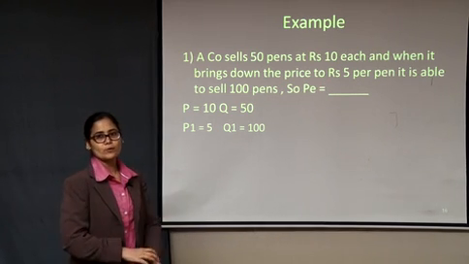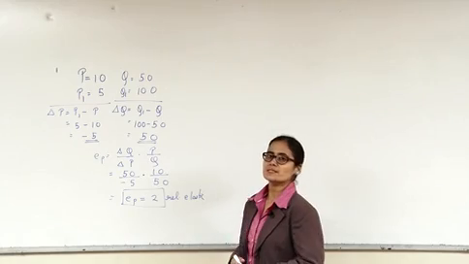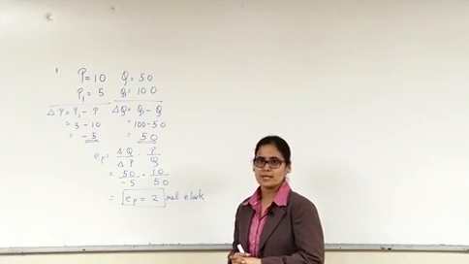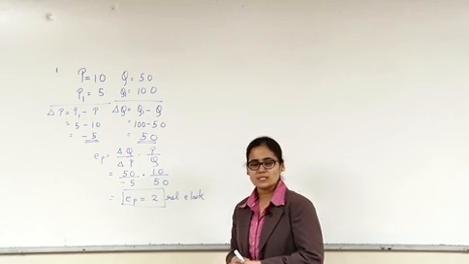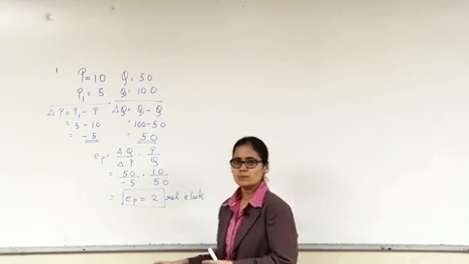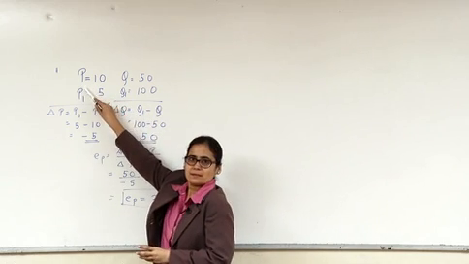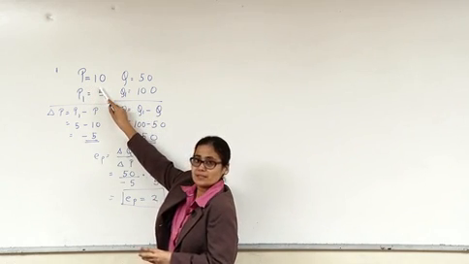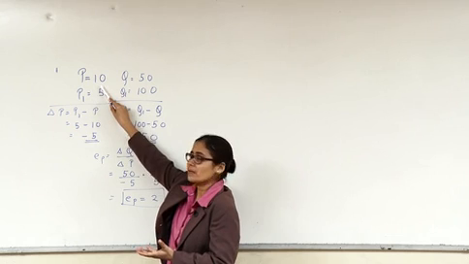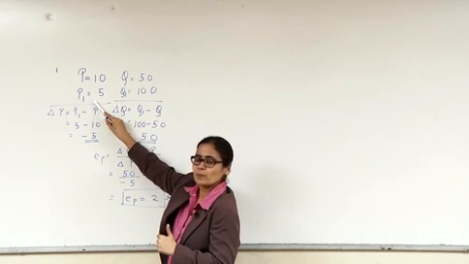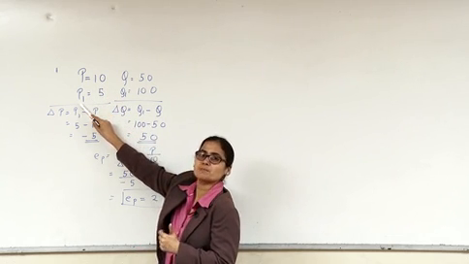So students, as we had seen the sum in the slide where the price of the pen was given, I have written it down and I will be explaining it to you. So the price of the pen was given as 10. This was the original price of the pen, and the new price of the pen I have labeled as P1.